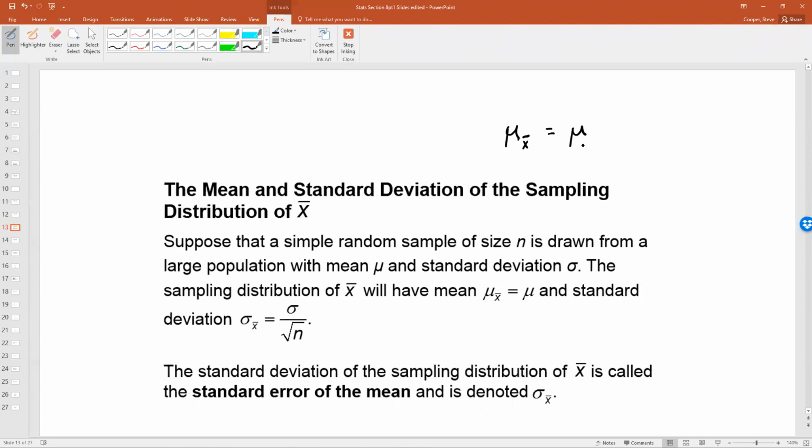So mu x bar is the same. That's what we said. Here's the difference when you calculate sigma for x bar. It's not just flat out sigma. If I want to calculate sigma x bar, I have to take the original sigma and shrink it by dividing by the square root of our sample size. Okay, so these are how you get those all-important mean and standard deviation for a distribution of sample means.